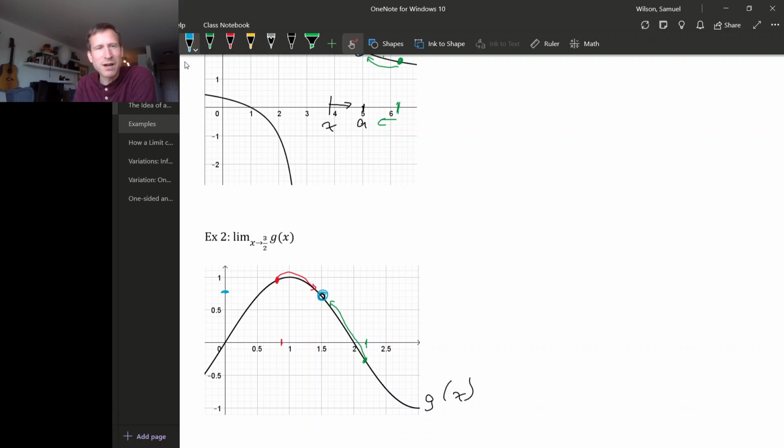Now, since we're reading a graph, the best we can do is approximate what this height down here is. It looks like maybe it's 0.75-ish, something like that. So we have a value for this limit. But notice that this is the limit at 3/2, but g at 3/2 isn't even defined.